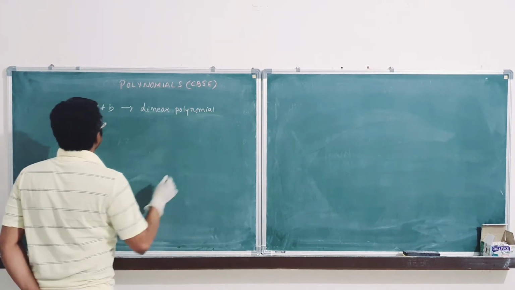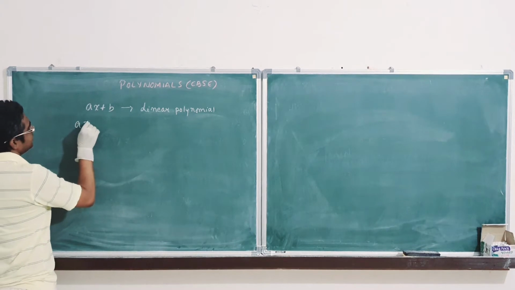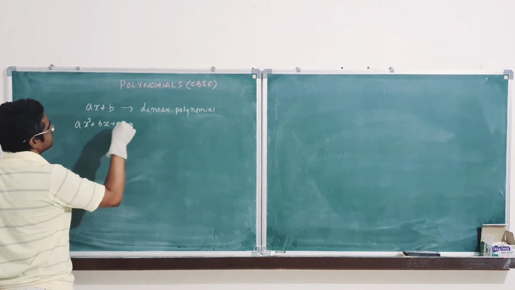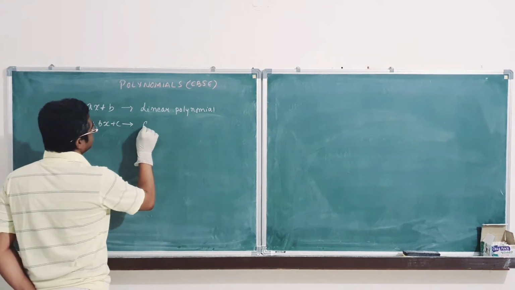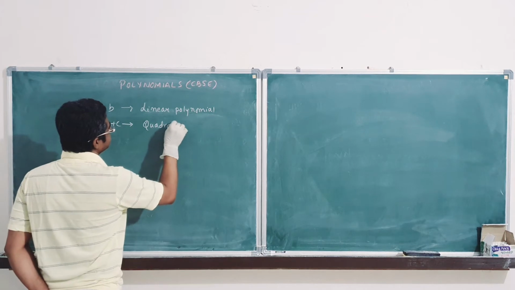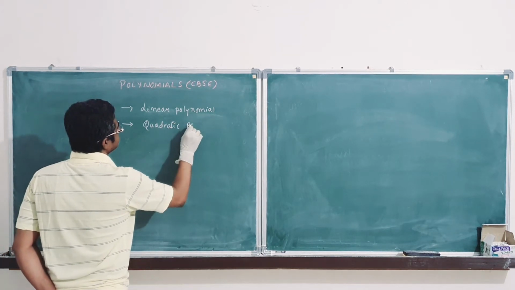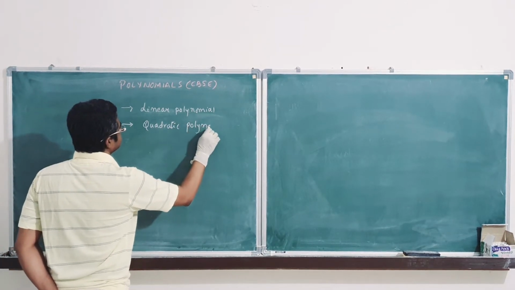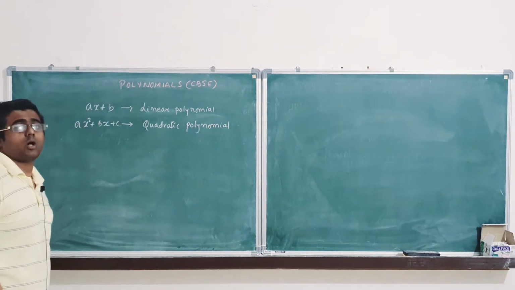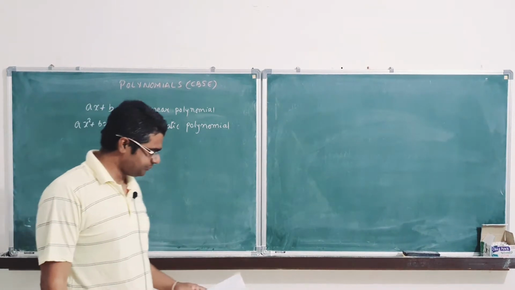If the degree of x is 2 like this, then it is called a quadratic polynomial. Clear?